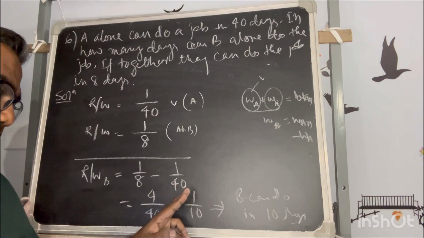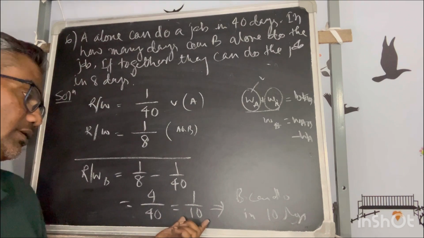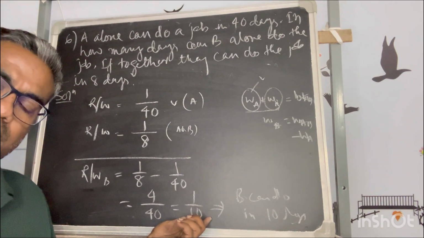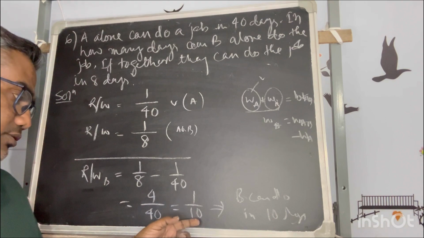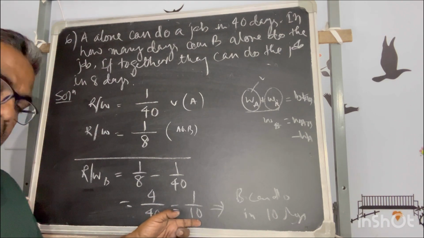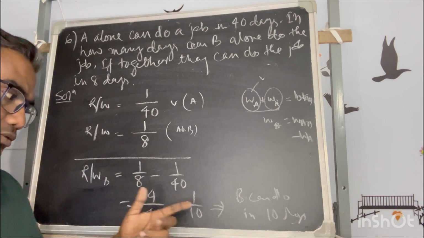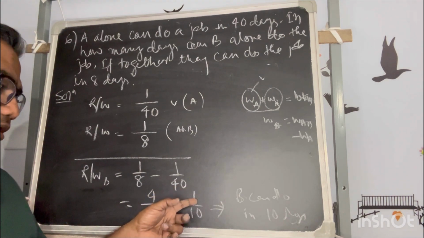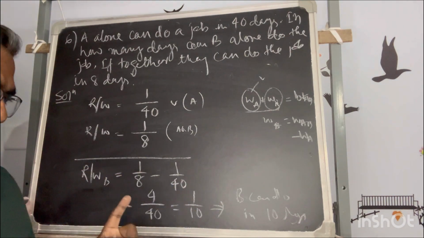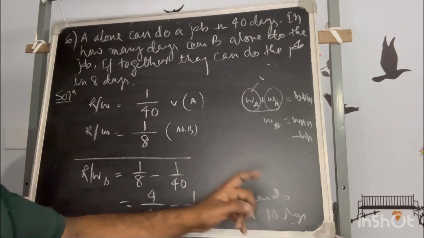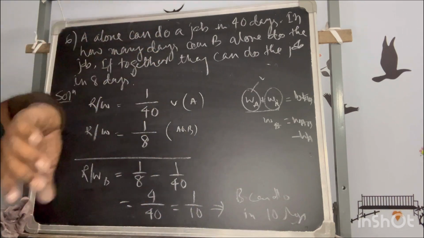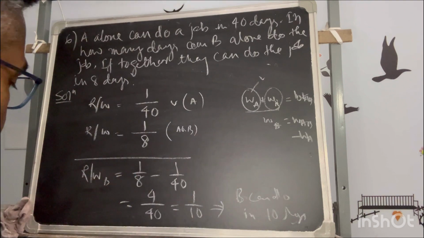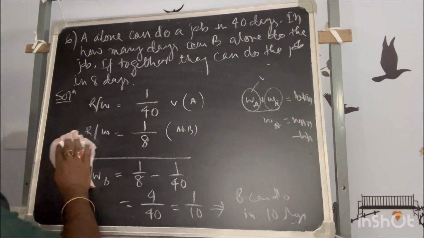So how many days will you take? You just refer to this part. What is there in the denominator, that is the number of days he will take individually to complete the complete job, because this part is always telling you the complete job, 1. So the 10 days is what B will take individually to do the job. This is your answer. Okay, let me take the next one.